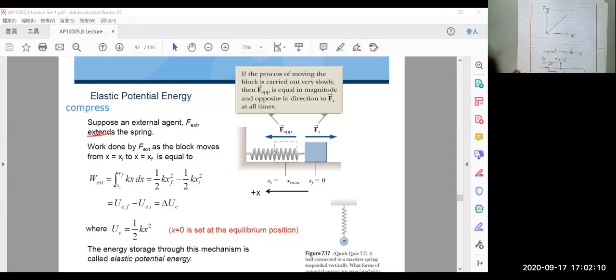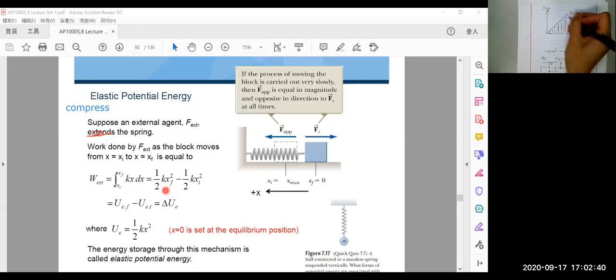This is what we expect: kx equals F applied. And what is kx dx? It is the area under the graph. So you can see the area under a triangle is 1/2 kx squared. Not very special.